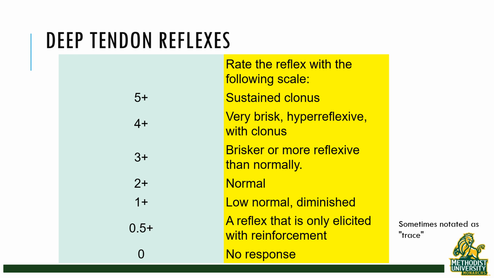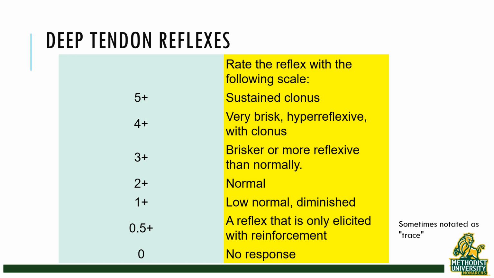Moving on from sensation into reflexes, we talked about a 5-point scale for the motor exam. It's a semi-quantitative scale. People have some differences of opinion for deep tendon reflexes, but there's a 5-point scale here too.